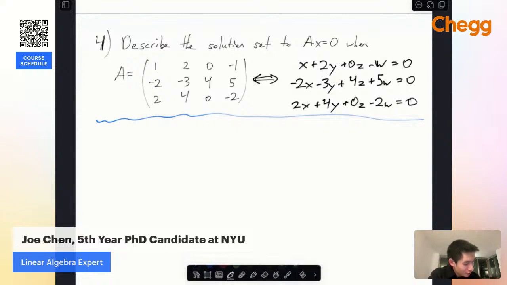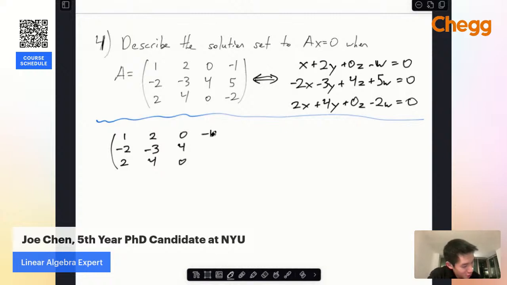Okay, but let's do this problem. We'll start with row reduction for this. 1, minus 2, 2. 2, minus 3, 4. 0, 4, 0. Minus 1, 5, minus 2.